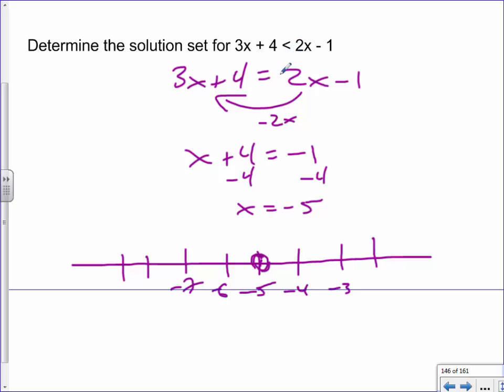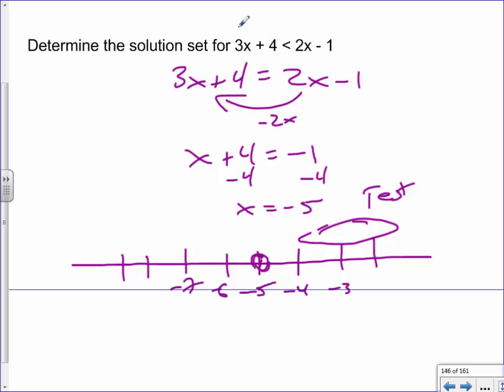It means that I'm either going to be shading that side of the line or this side, one of the two. And to solve that, I'm just going to pick a random point and test to see whether it should be that side or not. So I'm going to pick a test point over here. Give me an example of a number that's bigger than minus 5. Minus 2 would work. 0 is probably the best choice, though.